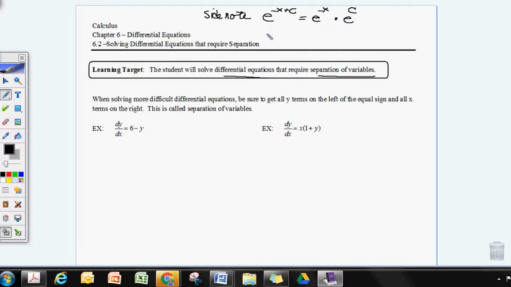Now, here is what you need to be able to recognize. E raised to a c. We don't know how big the c is, and since it involves a c, we rewrite this as just being a c value. Not an e to the c anymore, just c.